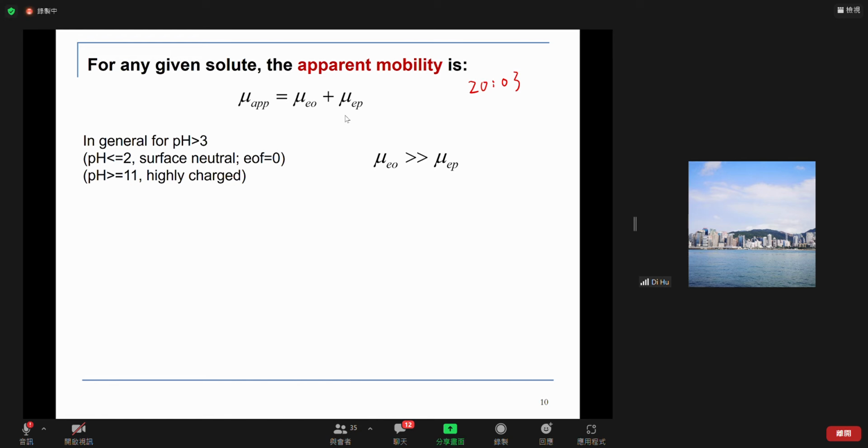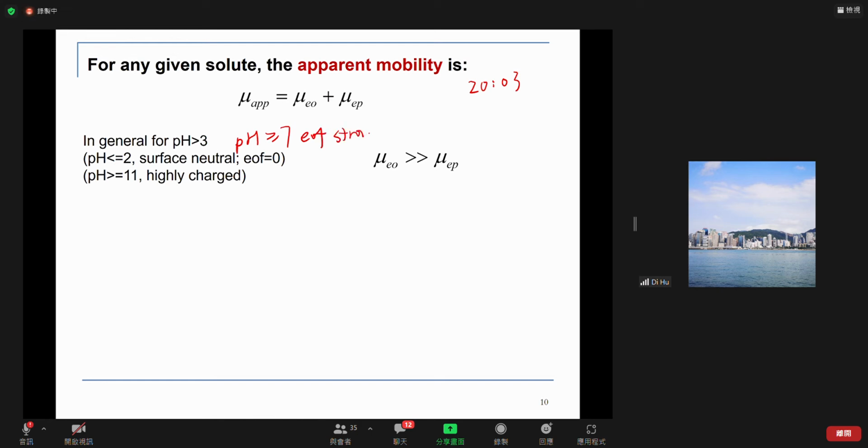In general, when pH is larger than 3, the inner side of the wall will be charged, and it generates the EOF flow. When pH is larger than 7, the EOF flow is already pretty strong.